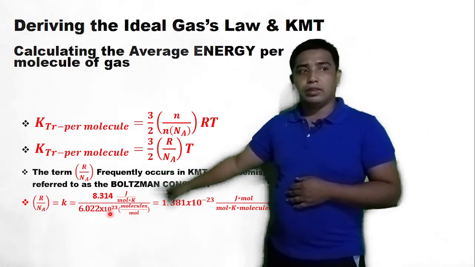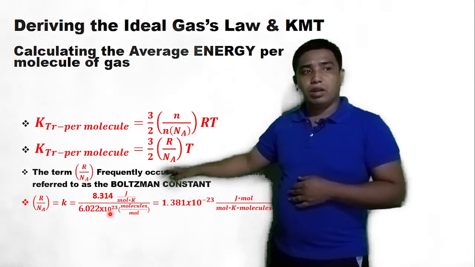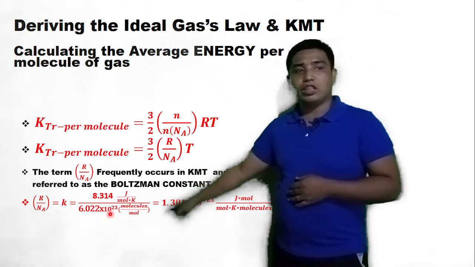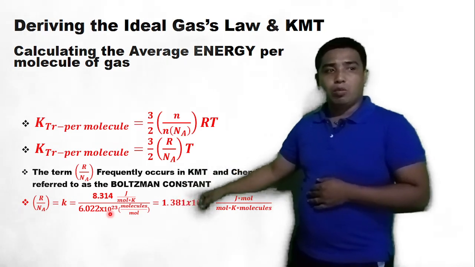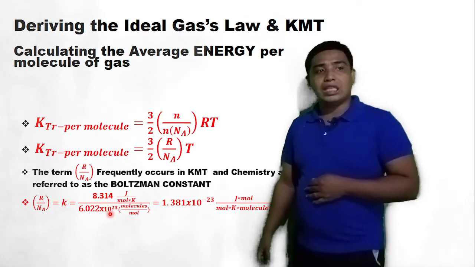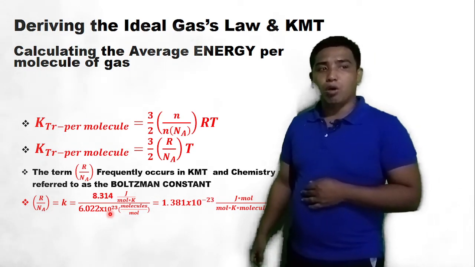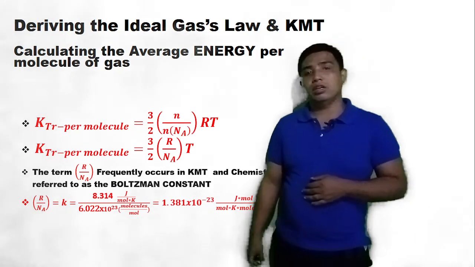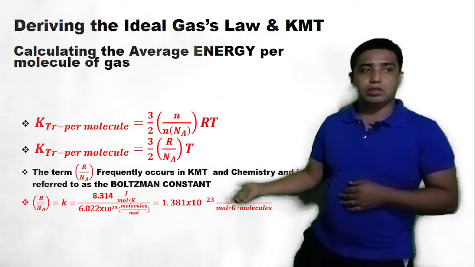We have 8.314 joules per mole per Kelvin, divided by Avogadro's number, and you get 1.38 times 10 to the negative 23 joules per Kelvin per molecule. So that's the value of the Boltzmann constant.